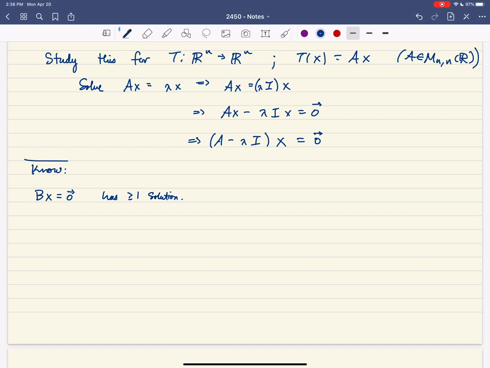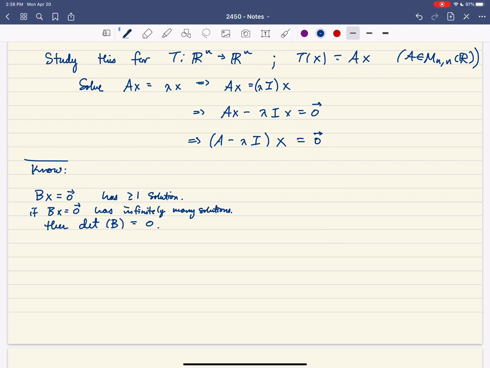And if Bx equals 0 has infinitely many solutions, well, then that would imply that the determinant of B has to be 0. Because if the determinant of B is non-zero, then B has an inverse, and Bx equals 0 has a unique solution. So if we want not to have a unique solution, then B must not have an inverse, and therefore its determinant must be 0.